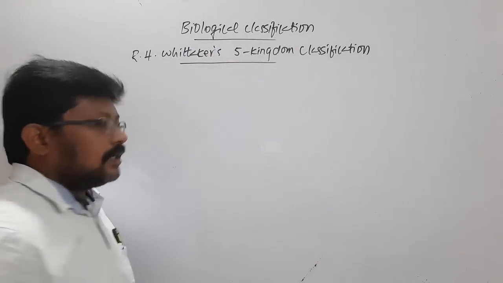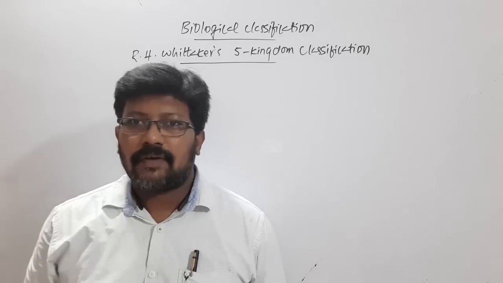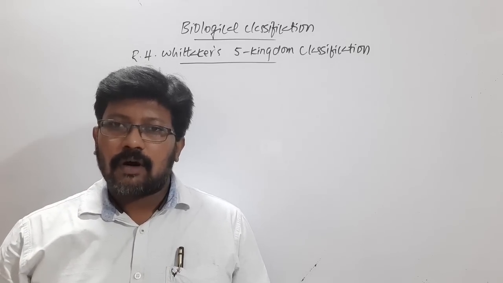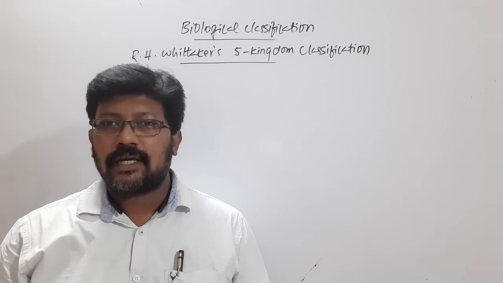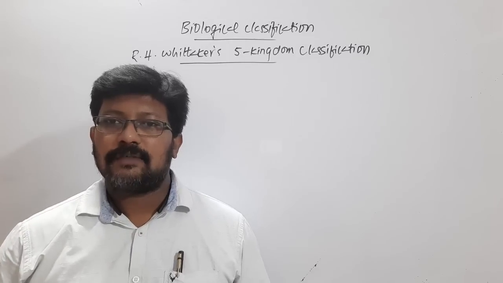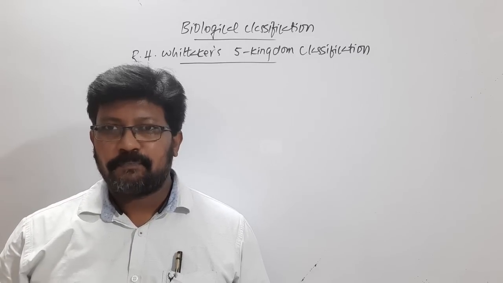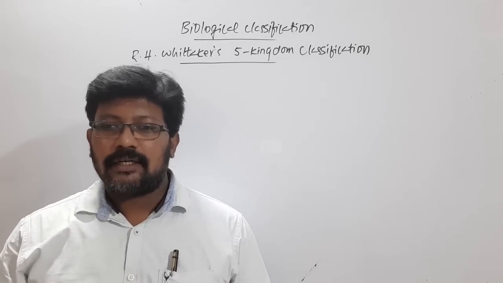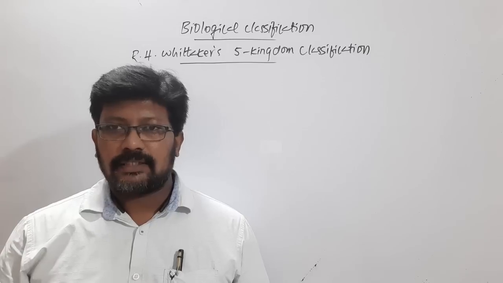Now here, for anything to classify, we require a basis. So on what basis did Whittaker classify all the organisms into five kingdoms? That's what I call criteria. So there is a criteria for performing the classification.